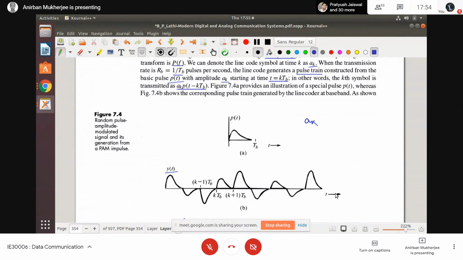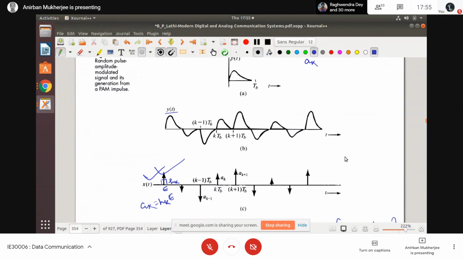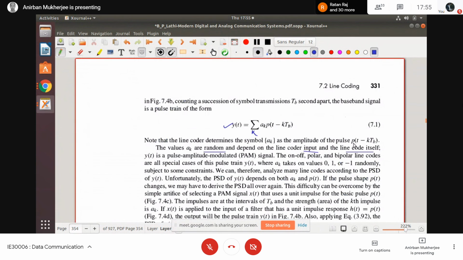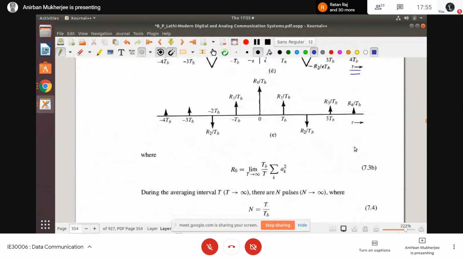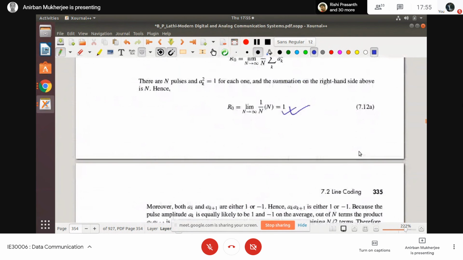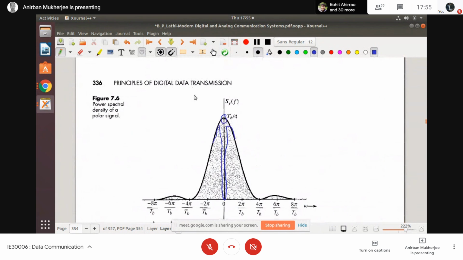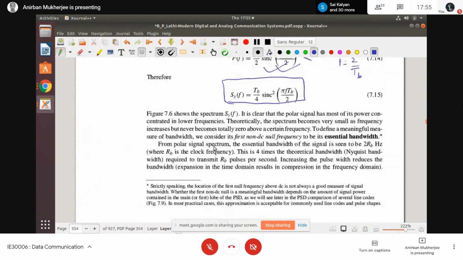But when you are randomly sending things, then in place of the Fourier transform on the stochastic part, we do the power spectral density. As simple as that. So we have calculated the power spectral density here. This is my S_y(f).